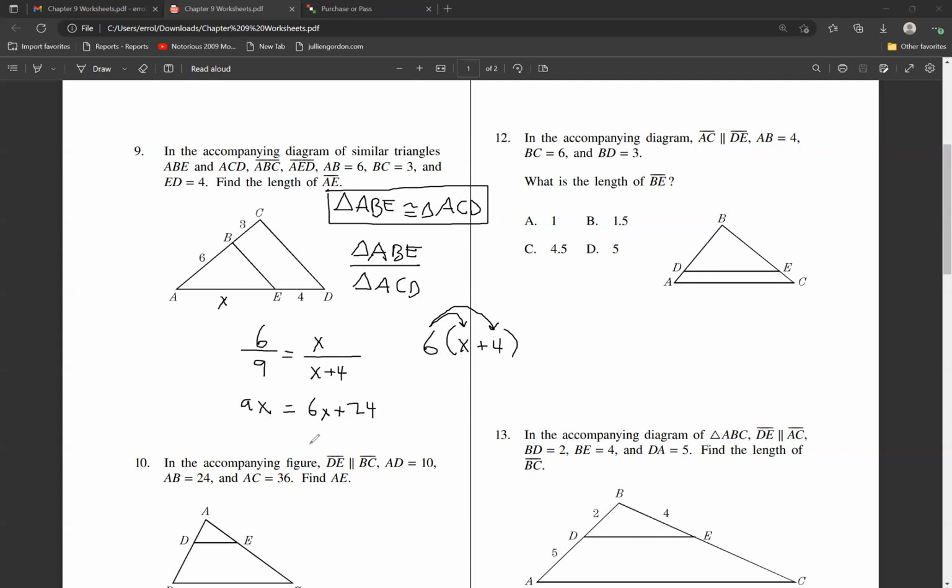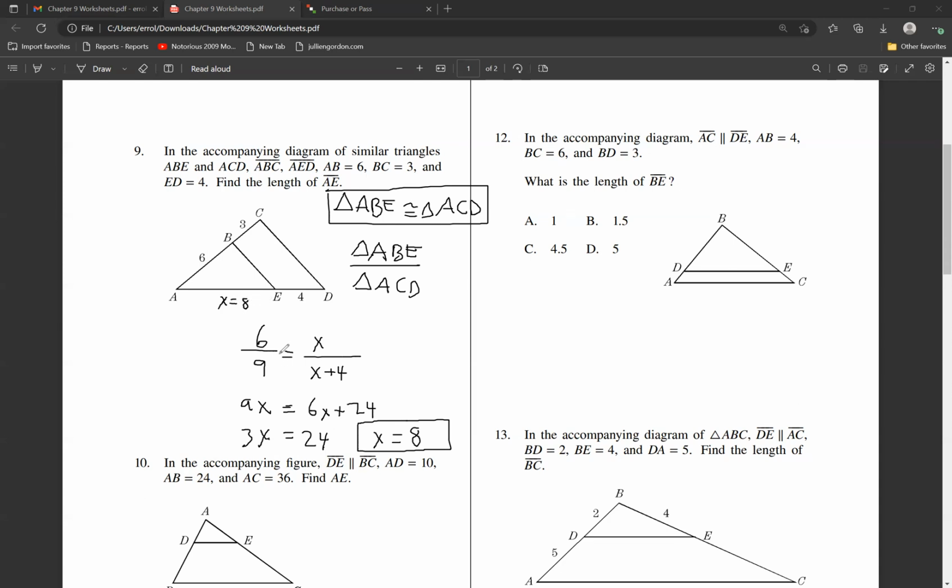Okay, now what do we do? Not divide yet. You're going to subtract 6x on both sides. If you subtract 6x on both sides, what do you get? 3x equals 24. What's x? 24 divided by 3? 8. There you go, x equals 8. So this right here is 8.